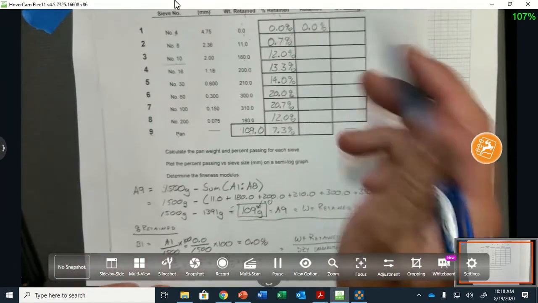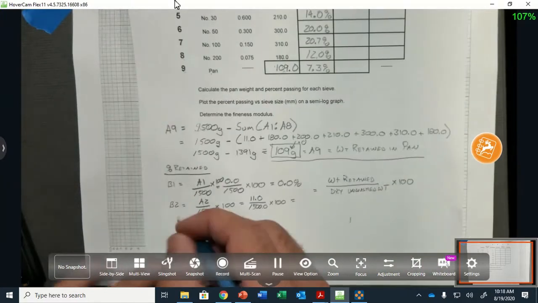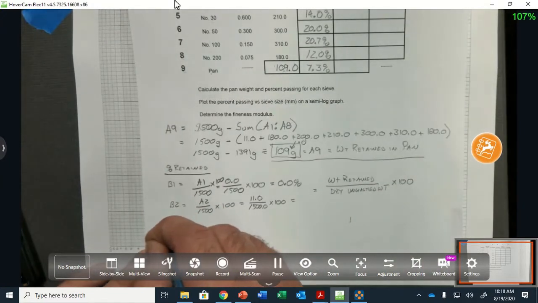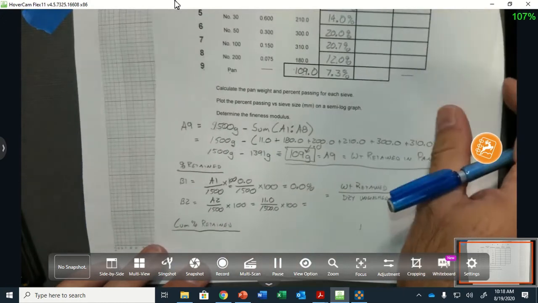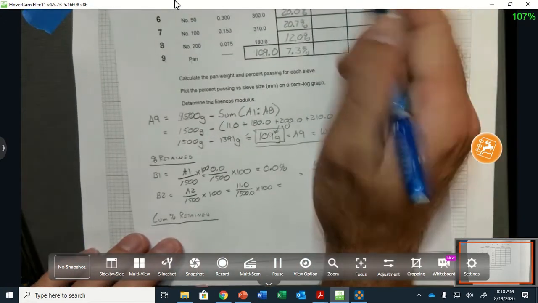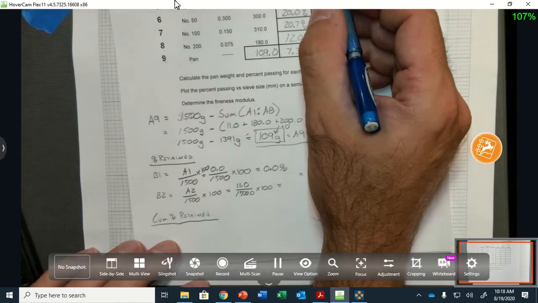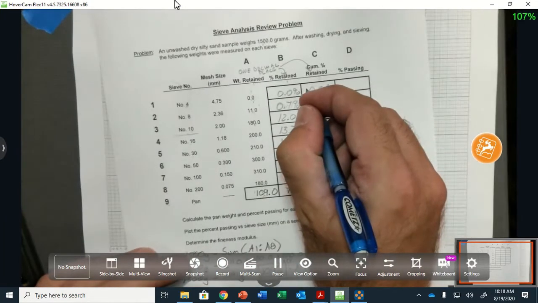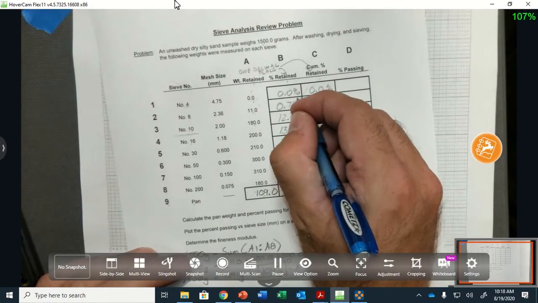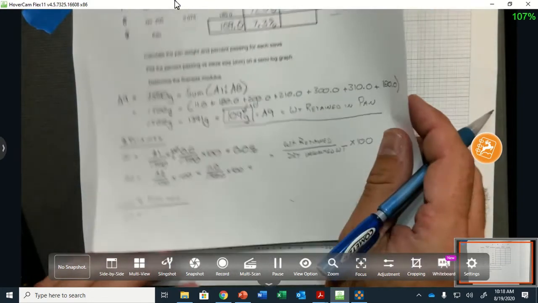So that's 0.0, okay? Now to calculate C2, this is cumulative percent retained, I'm going to take C1, so I'm going to draw a little arrow here, C1 plus B2.